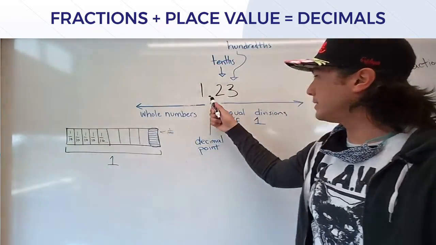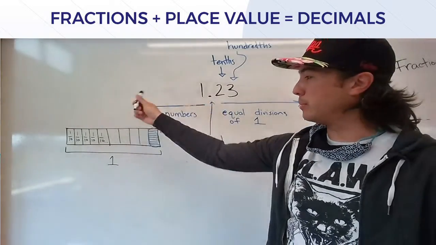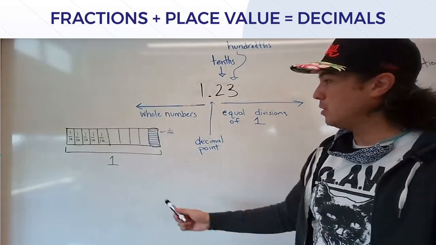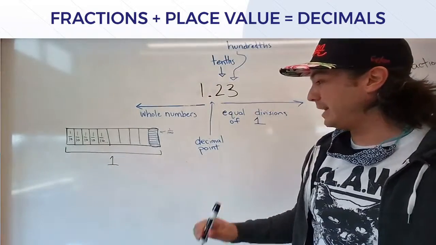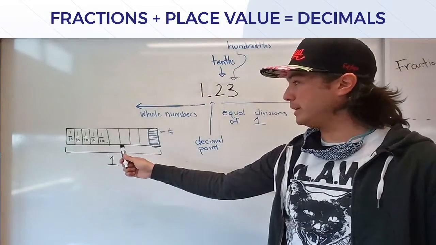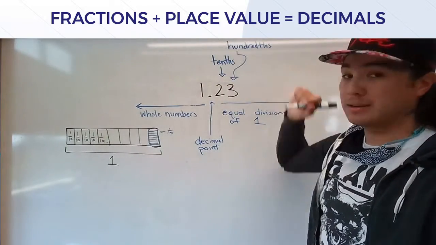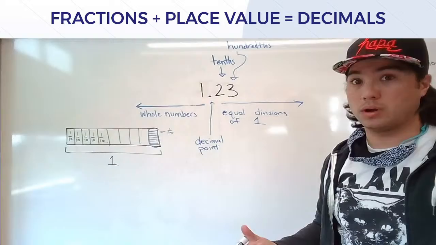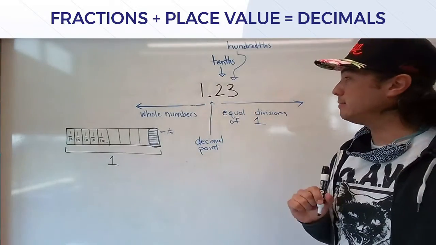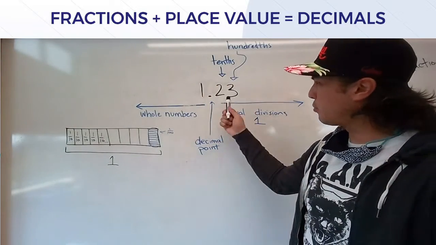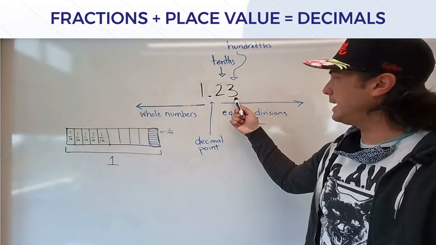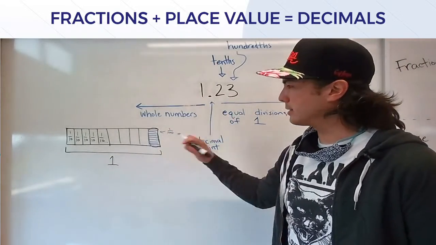Just a review here. When we're talking about decimals, just like with whole numbers, group of 10 and regroup, we're thinking about it getting groups of 10. So our whole 1 is broken down into 10 tenths, which is why our tenths place is the first one to the right of the decimal point. And then if you break each of those tenths down into 10 pieces, we end up with hundredths.